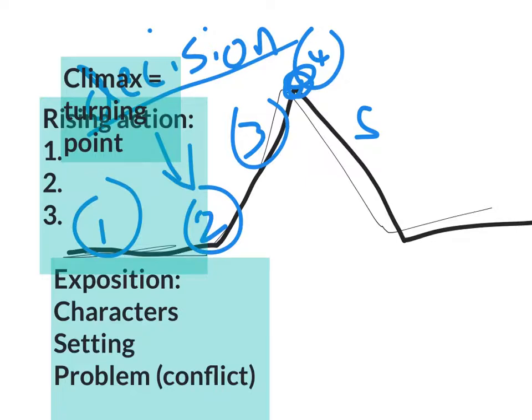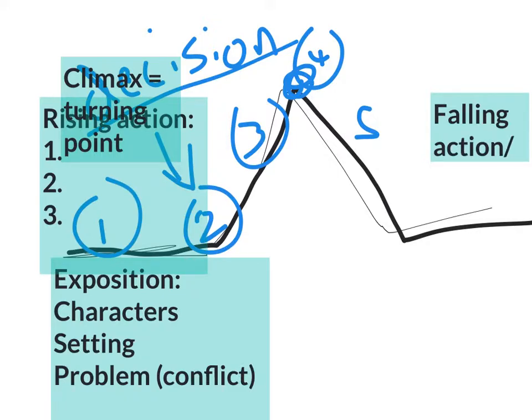And how did the characters handle the end of their story or this part of the story? So again, that's called the falling action. And sometimes this can be a very short part of the story, and sometimes it's longer.